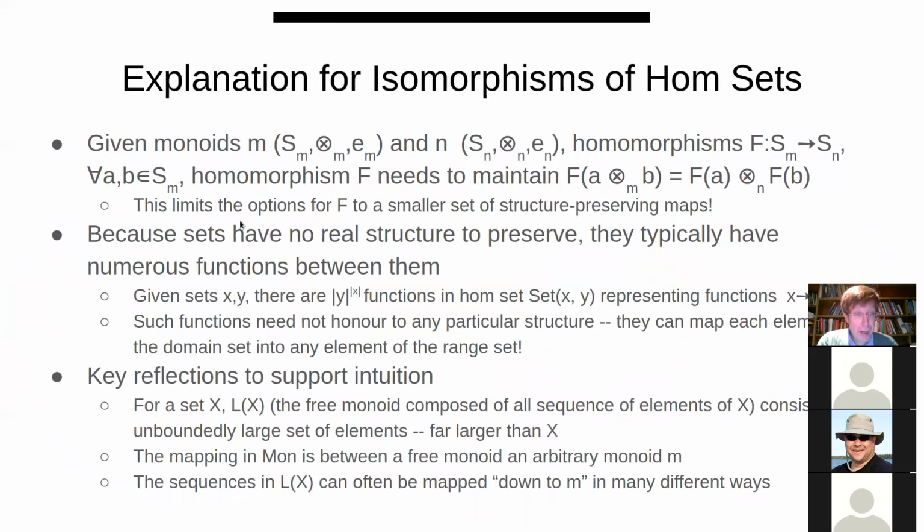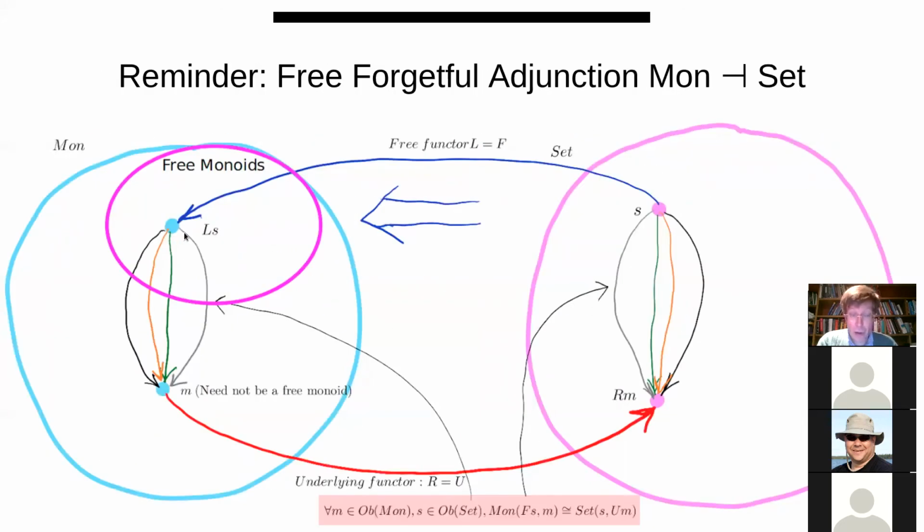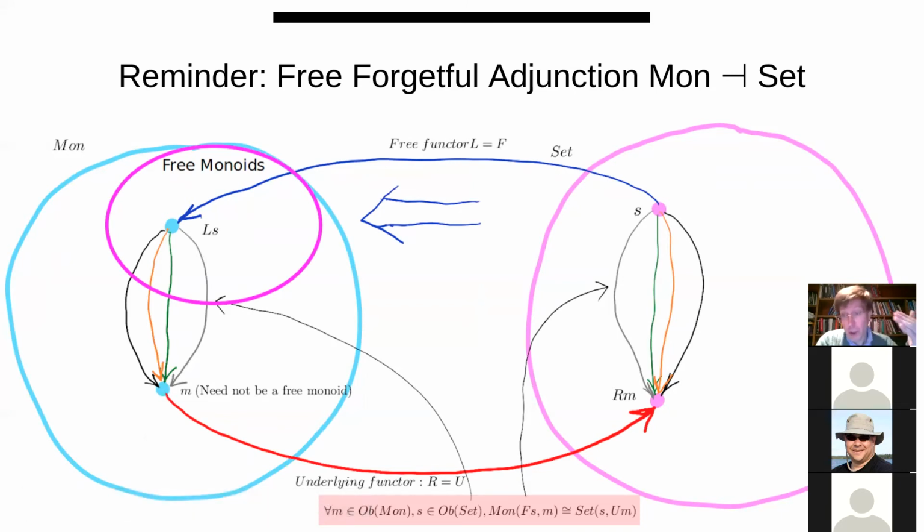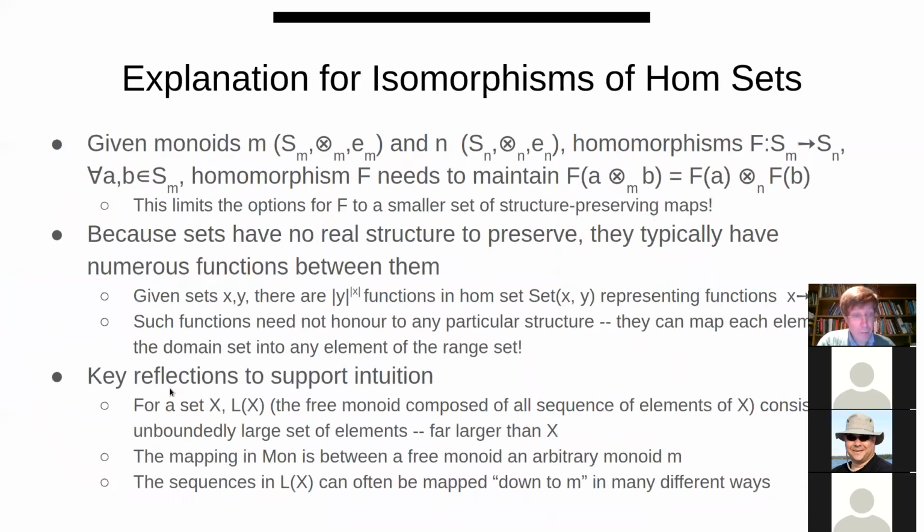Now for the monoid, you're going to have all sequences of 0 and 1s, but we're going to need to consider homomorphisms of those sequences that map over to M. But again, we have basically zero choice in the matter because M is only a single element for our case.